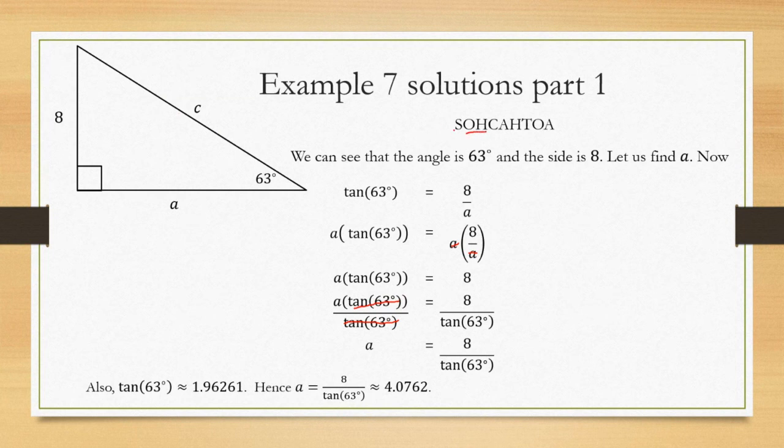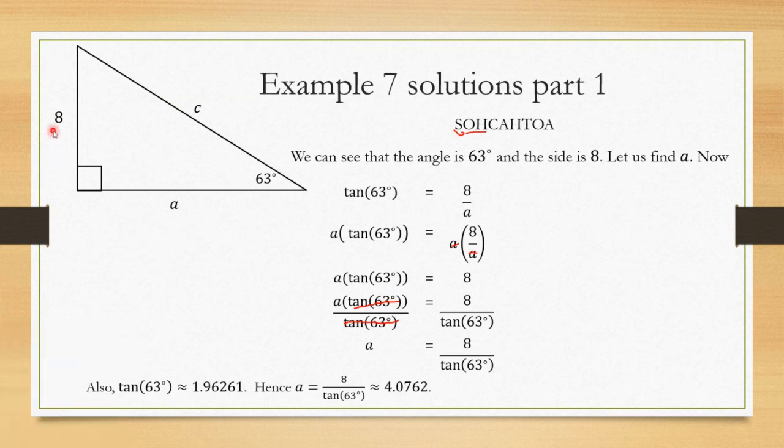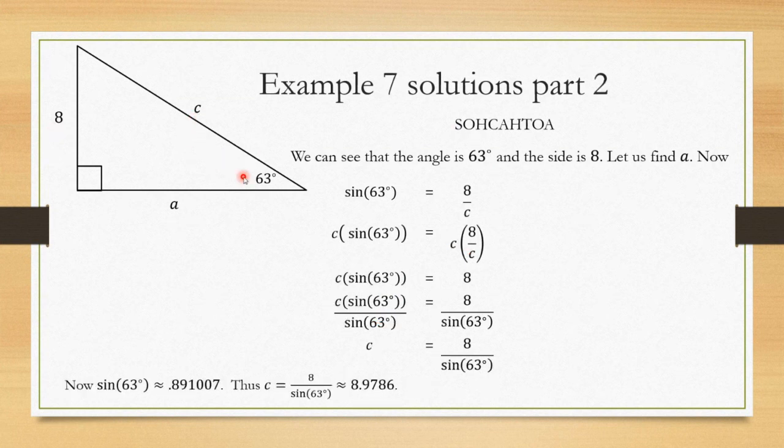What trig function? Sine, S for sine. Sine of 63 degrees is opposite 8 divided by hypotenuse, which is C.